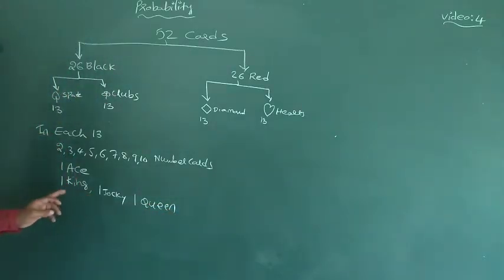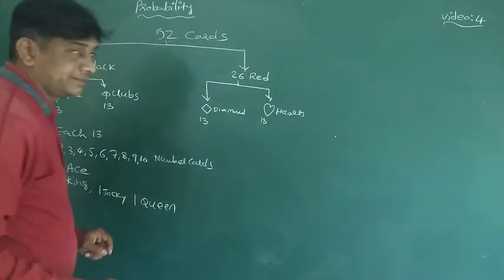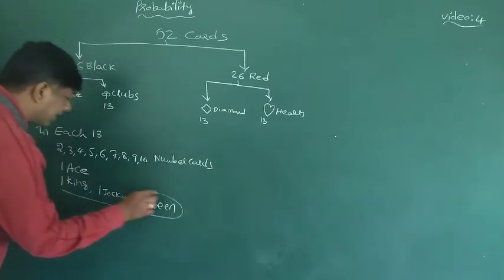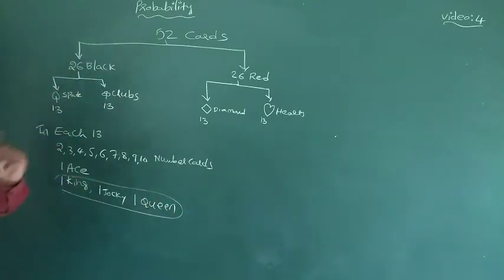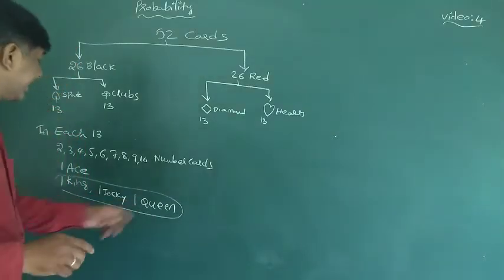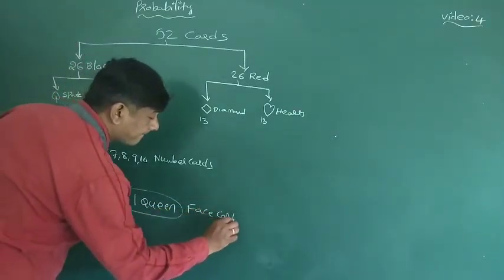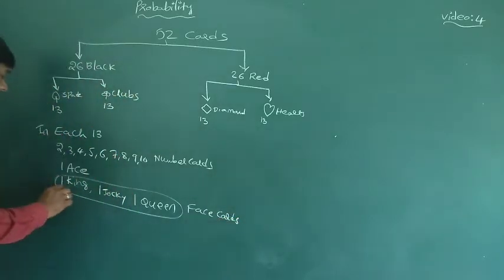Okay, one jack, one king, one queen. On these three cards, there are some figures. You will find some faces. So these three are called face cards.